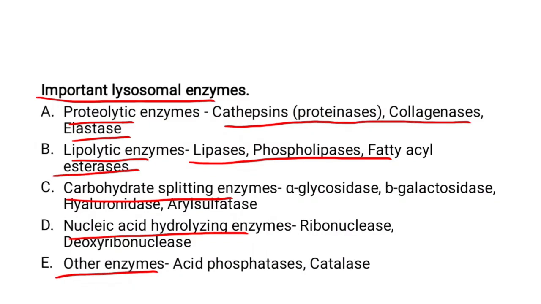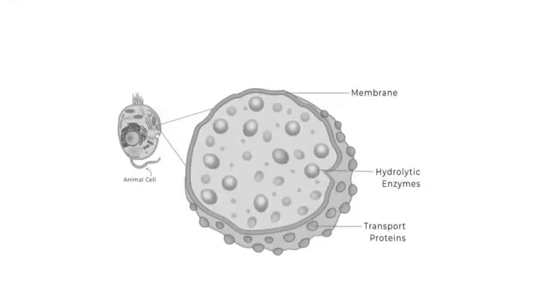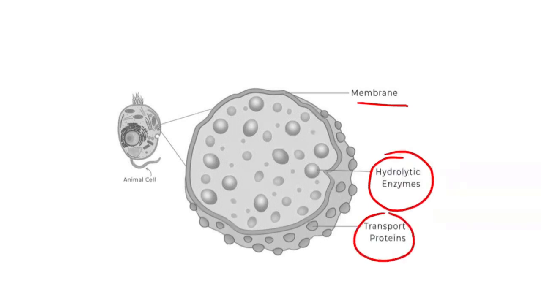Carbohydrate splitting enzymes are alpha glycosidase, beta galactosidase, hyaluronidase, and aryl sulfatase, whereas nucleic acid hydrolyzing enzymes are ribonuclease and deoxyribonucleases. So this is the structure showing the membrane, the hydrolytic enzymes and the transport proteins of a lysosome.